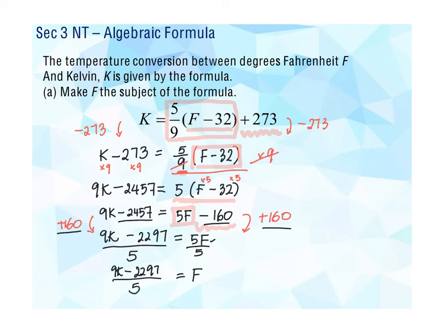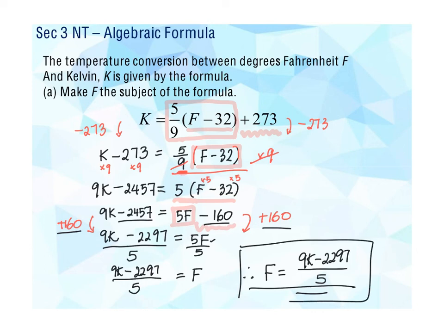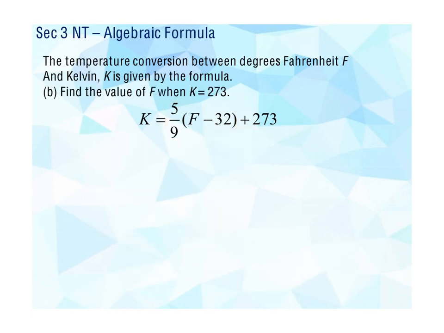Making F my subject, it will therefore be F equals to 9K minus 2297 over 5. And the whole expression is my answer. This part of the question, F is equals to 9K minus 2297 over 5. Is it correct?